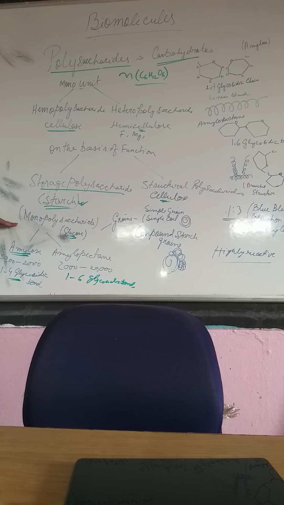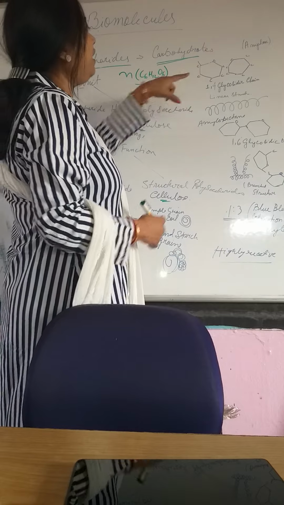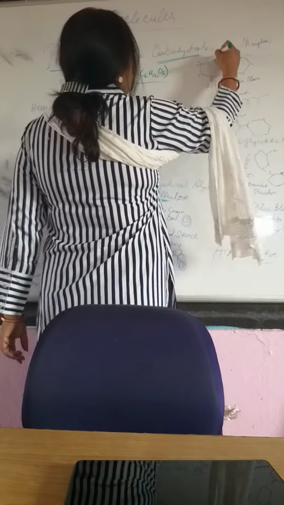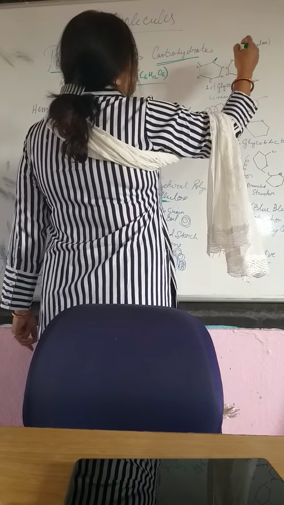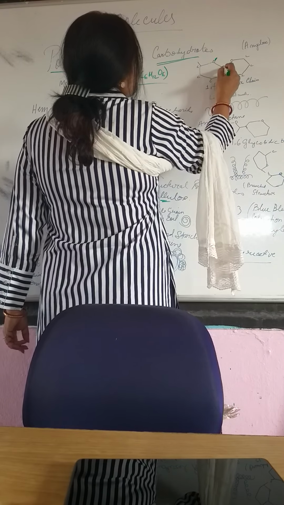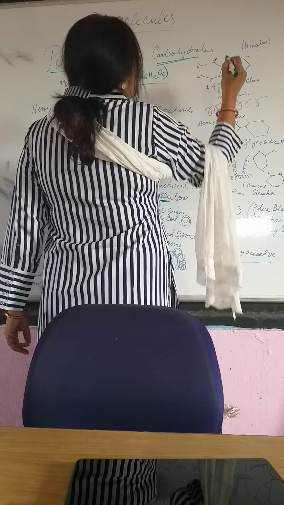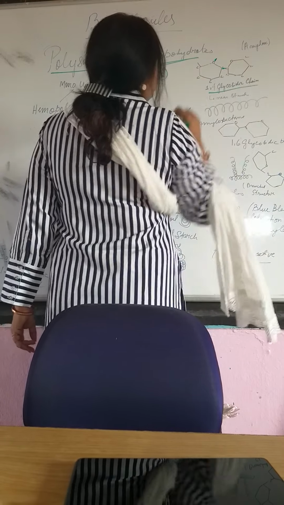Now if we take amylose, here we have two glucose molecules. See, this is the oxygen here. It is linked with the first carbon of one molecule and the fourth carbon of the other, so together they form a bond. So we have a 1,4 glycosidic bond.